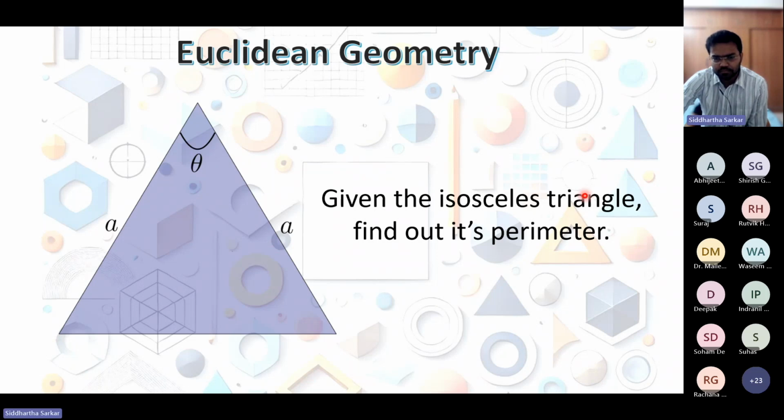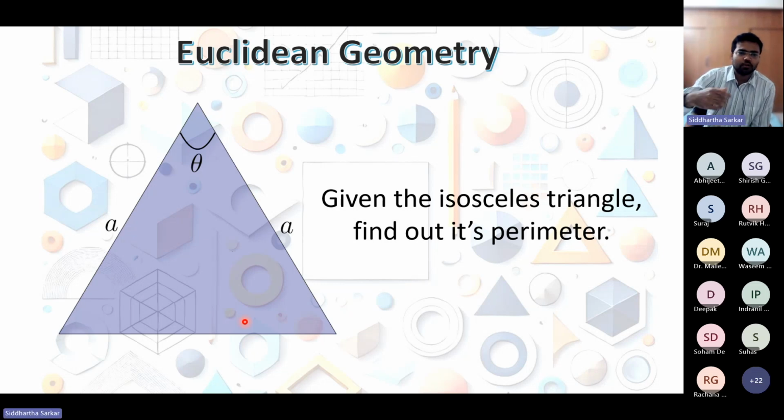The quantity to be computed is the perimeter of the triangle. So what needs to be done is to measure the length of the base of the triangle. And I believe that all of you have seen such questions in your high school.